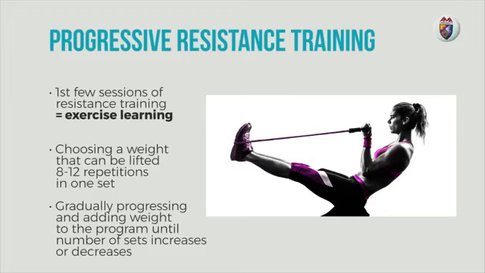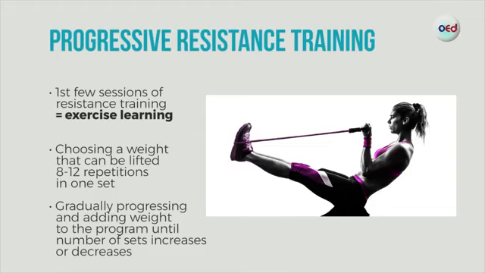Some coaches suggest performing resistance training by doing body weight exercises, then gradually progressing to lifting actual weights or loads. Choosing a weight that can be lifted 8 to 12 repetitions in one set is the usual beginner repetition range that is mostly applicable to you if you are to engage in weight training activities.